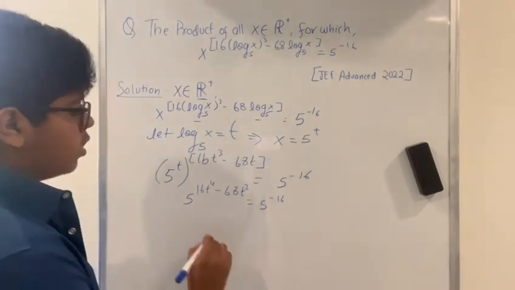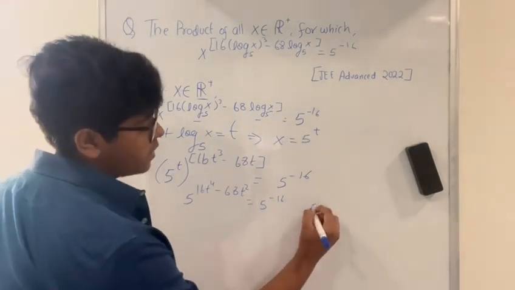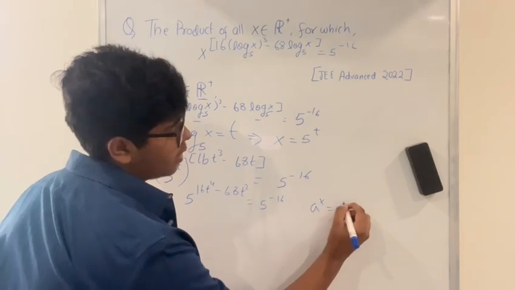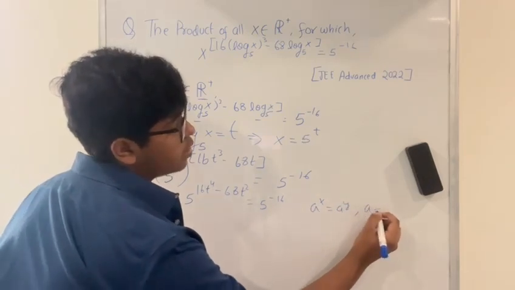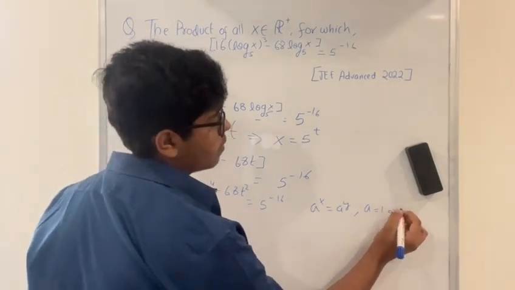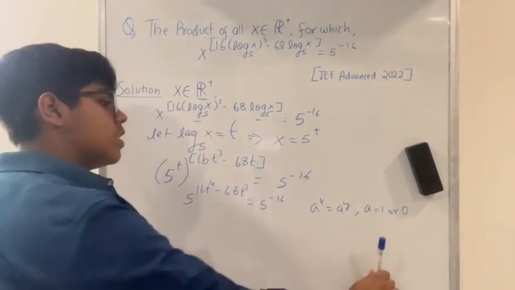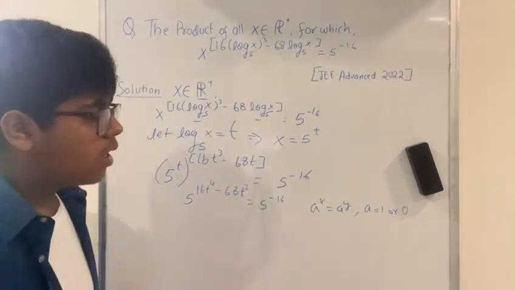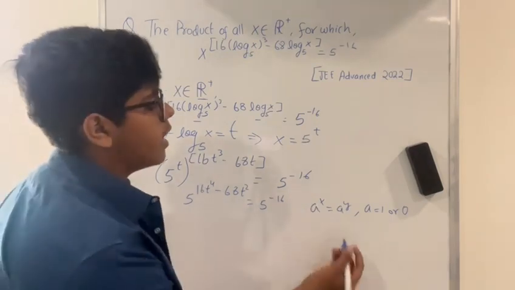right? And you also would know that if a to the power x is equal to a to the power y, where a is not equal to 1 or 0, right? Because in either of these cases, x is not equal to y.